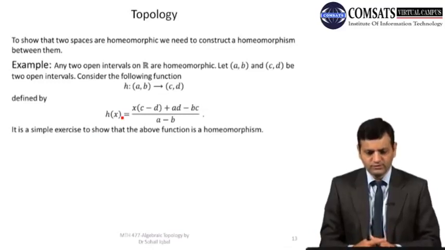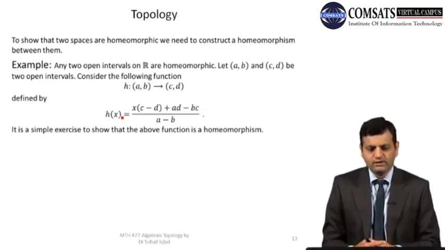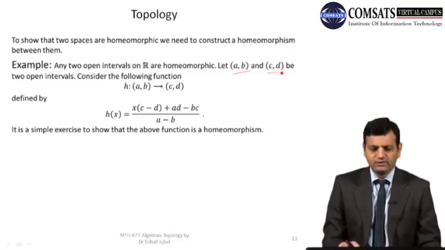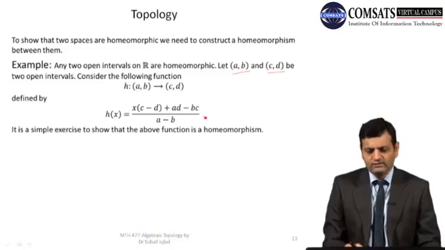Let's go to some non-trivial examples now. Any two open intervals on R are homeomorphic. For example, let (A, B) be one open interval and (C, D) be another open interval. Consider the following function from the open interval (A, B) to (C, D).